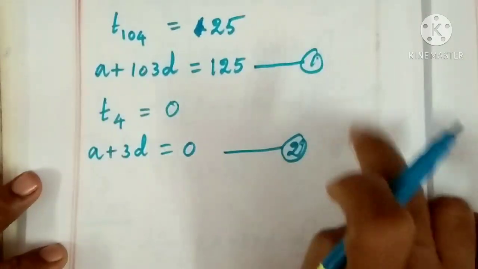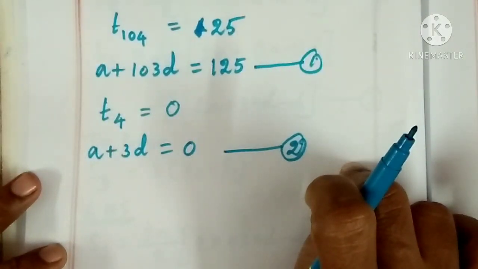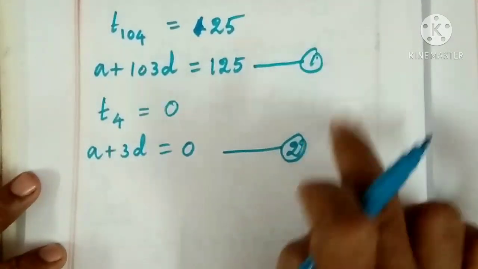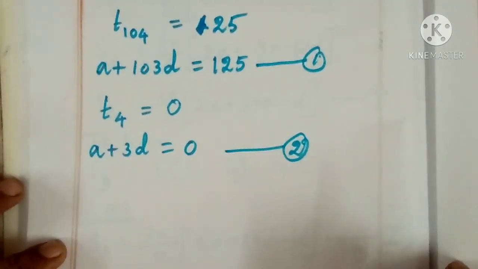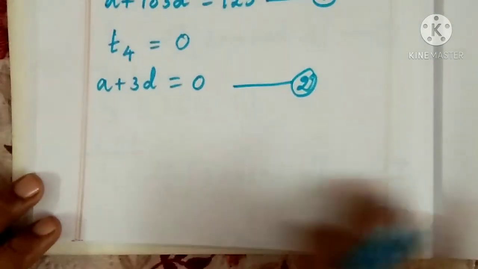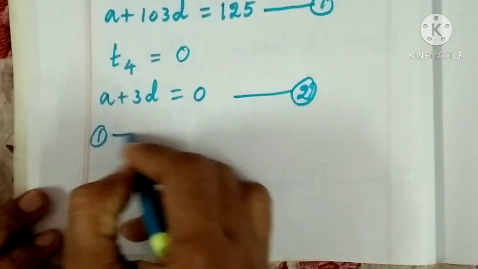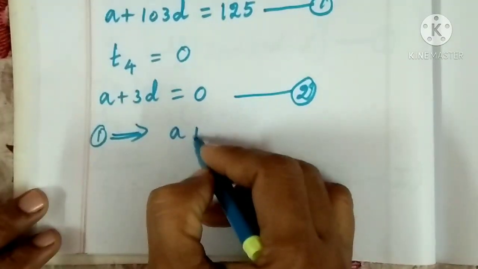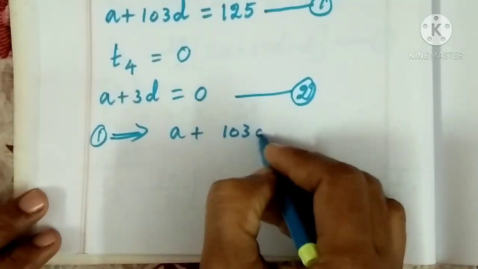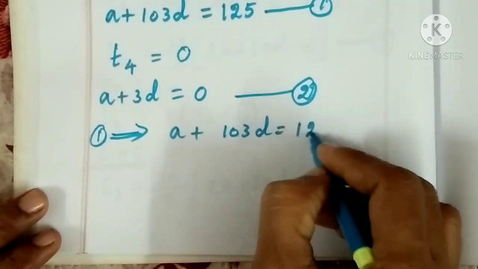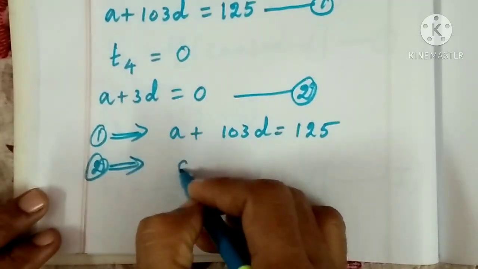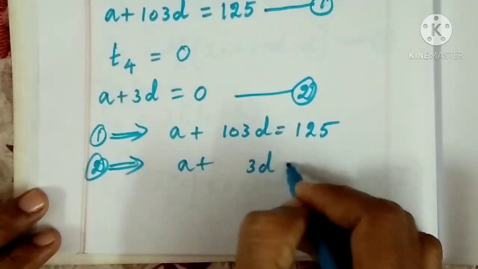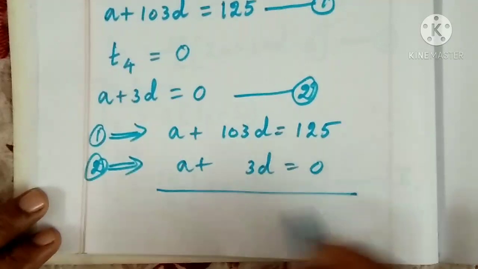Now we have two equations. So you have to eliminate these two equations and find the value of A and D. See, first equation, A plus 103D is equal to 125, and second equation, A plus 3D is equal to 0.